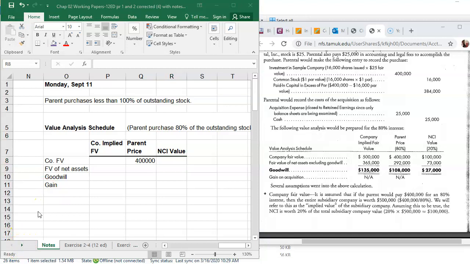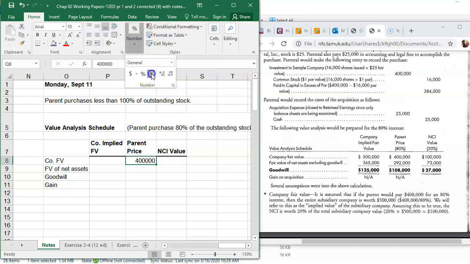Sorry, I got sidetracked there for a minute. So this $400,000 right here is 80% of the company's implied fair value.